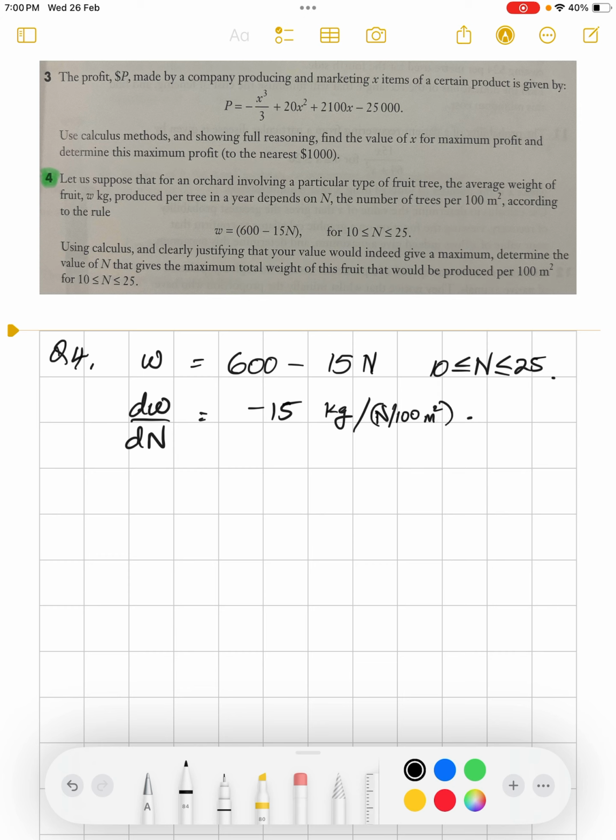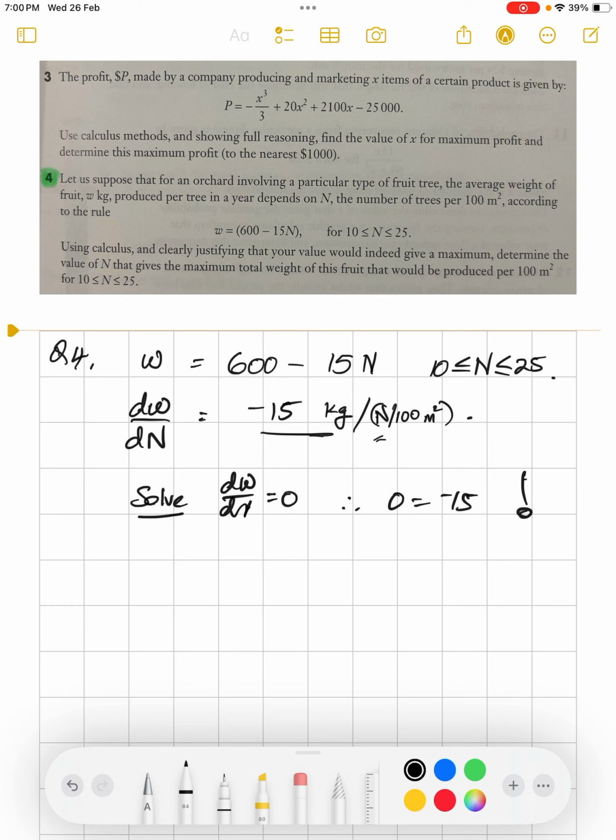Well, because we can't solve that equals 0. Normally you'd say, okay, to solve this, what is the optimum value? We would solve the derivative equals 0, and therefore get 0 equals negative 15. That doesn't work.